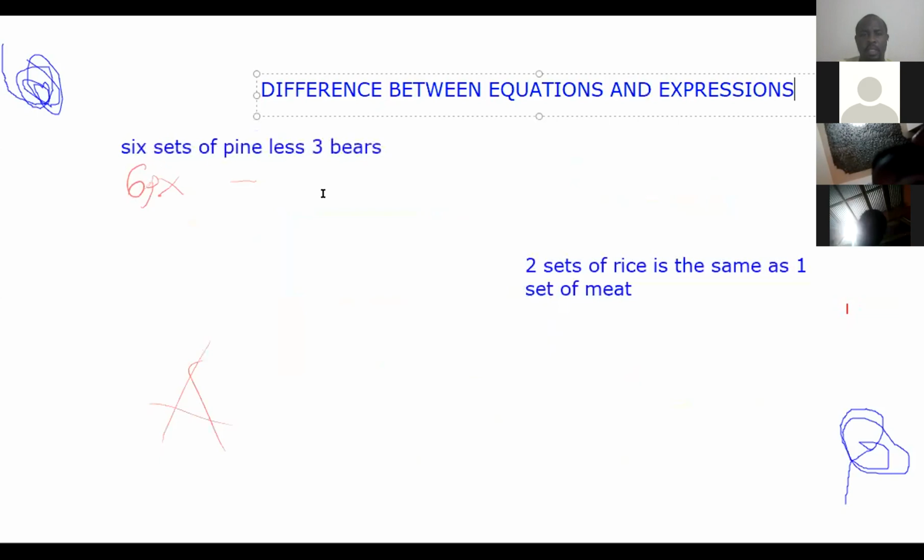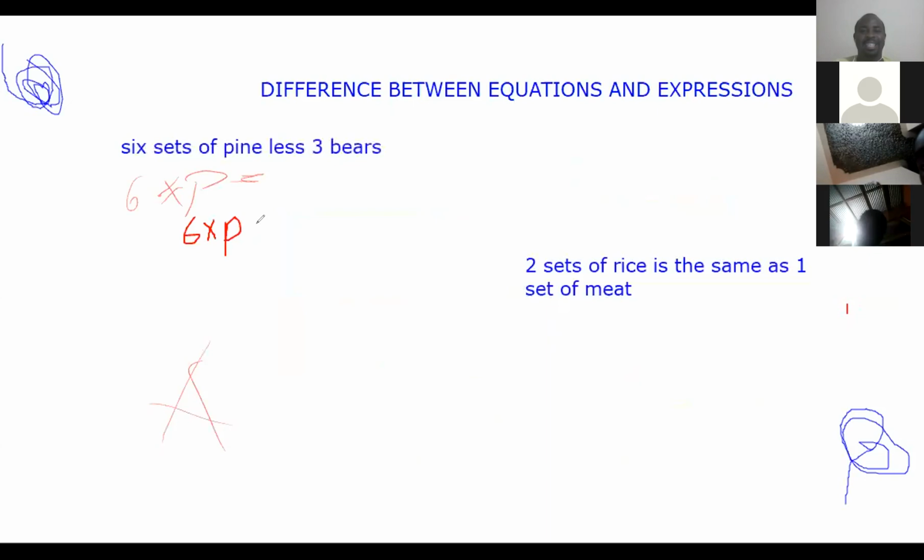It would be 6 sets of P, take away 3 bears. Equal 9. Oh yes, that's it. So I got it before you, so I win.